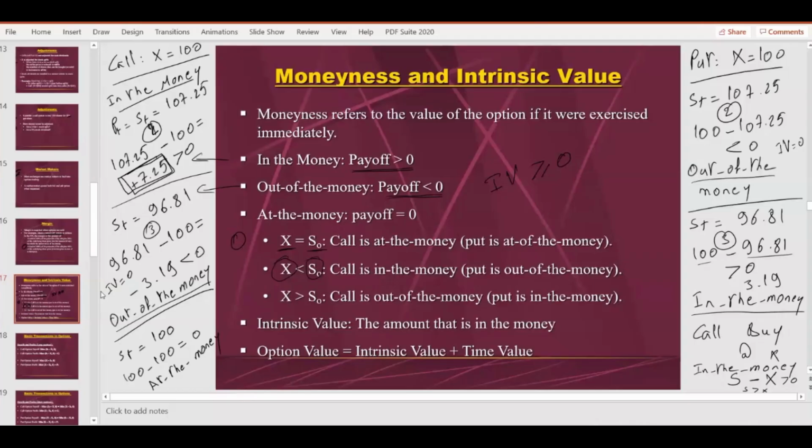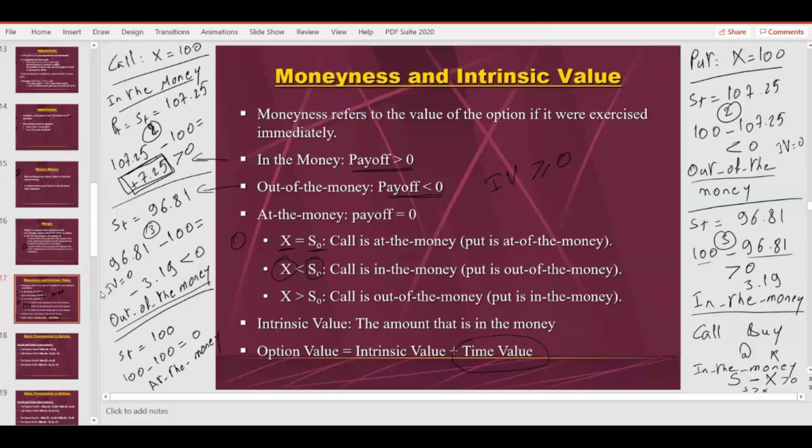Now, the option value or the option price at any point in time is equal to the intrinsic value of the option plus its time value. And here the time value is different than the time value of money concept that you all learned in managerial finance. So the time value here means this is the time remaining to expiry.